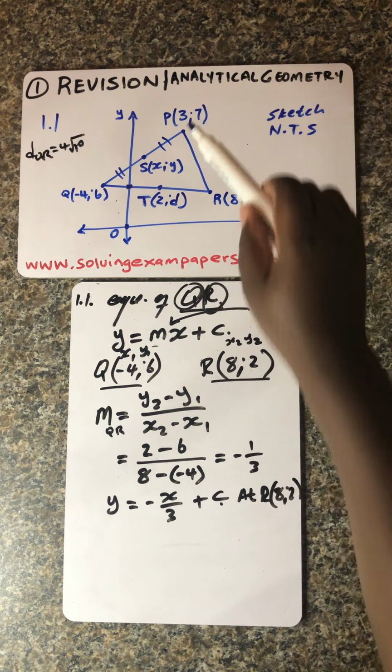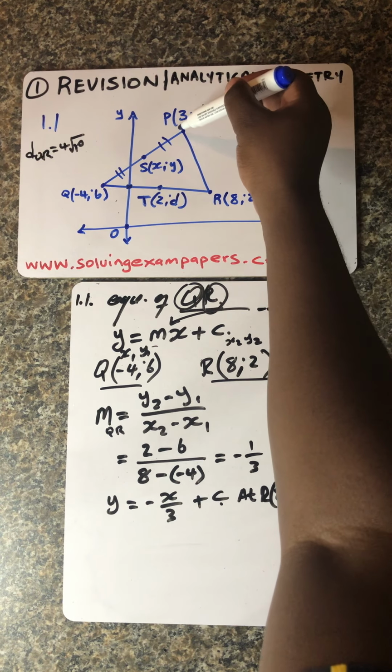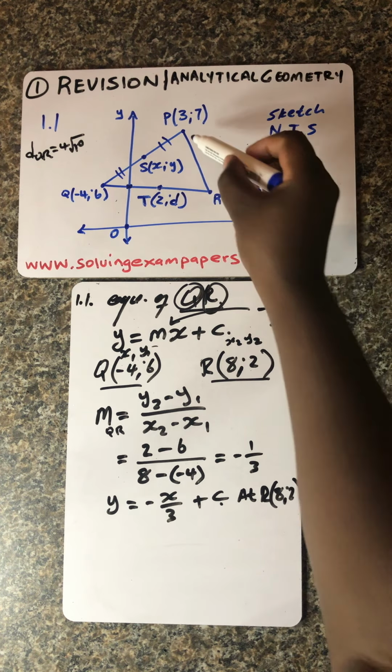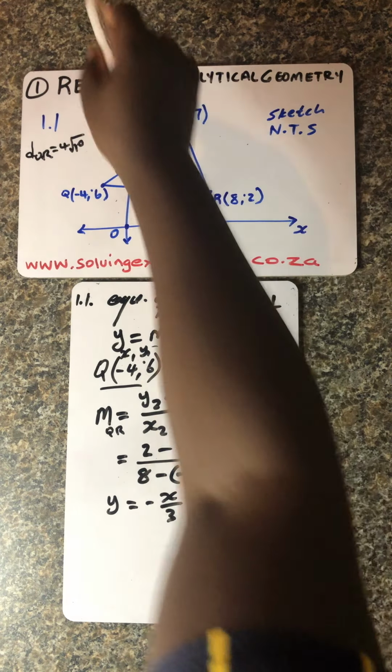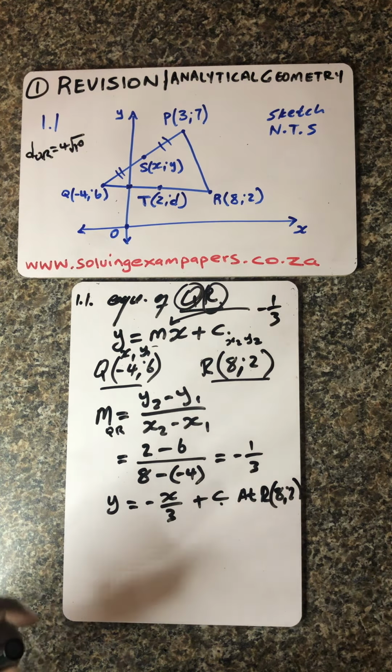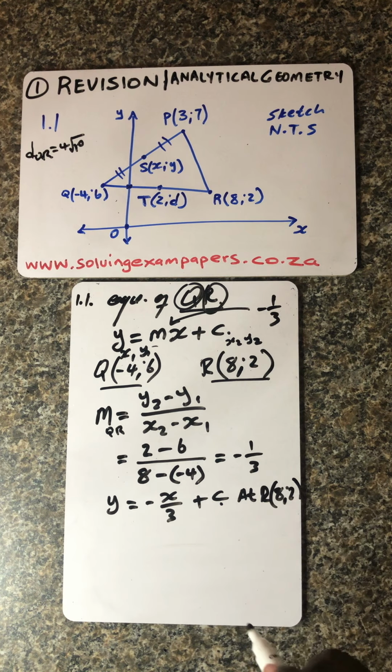Very, very much important. If we were determining an equation of that straight line of PR, if you extend that line, at some point the y-axis and that line cross each other. That point where they cross each other is our C or Q value.